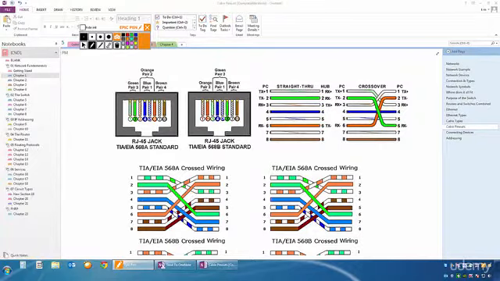Just remember that these were chosen for a reason. And the reason was because of the fact of their magnetic field, their twists per inch. But the main thing is, as long as you have the 2 pairs, or have a pair that's doing the transmitting and the receiving, you'll be good to go. I've always done it that way back in the 90s, always had communication. Except when you try to do this with the gig, it's not going to work.